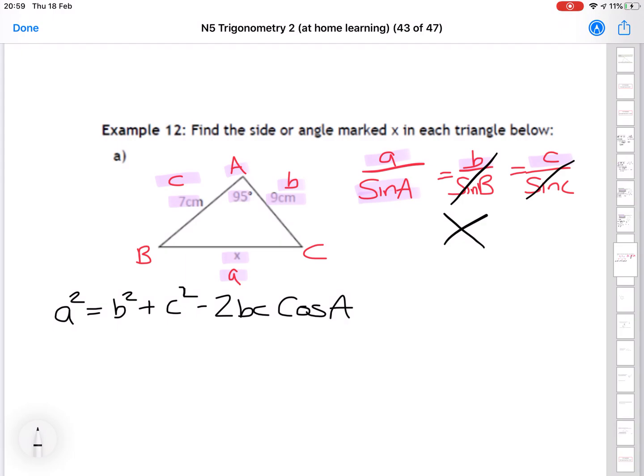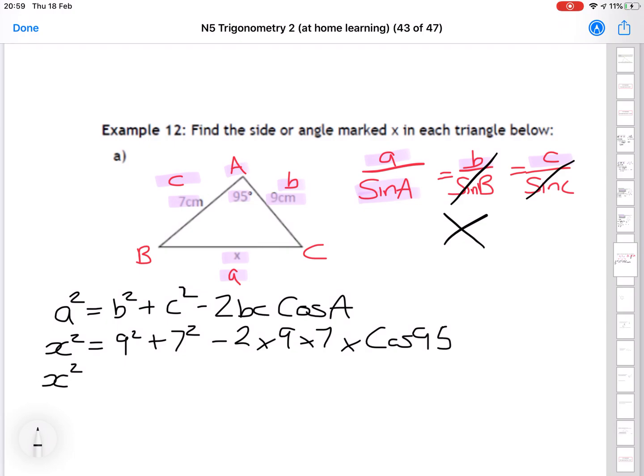It already fits. So in this case, small letter A at that side, it's x. So I'm going to write x squared here because that's the letter that my diagram has. Side B is a 9, so it's 9 squared, plus side C is a 7, so 7 squared, minus 2 times 9 times 7, and then the angle at A is 95, so cos 95.